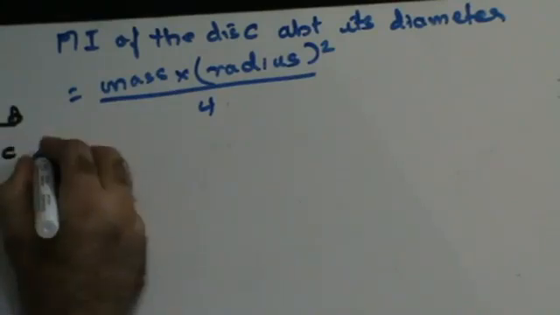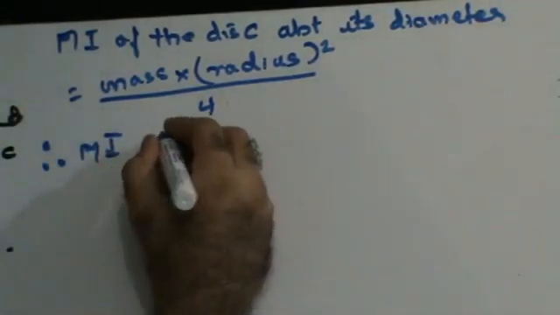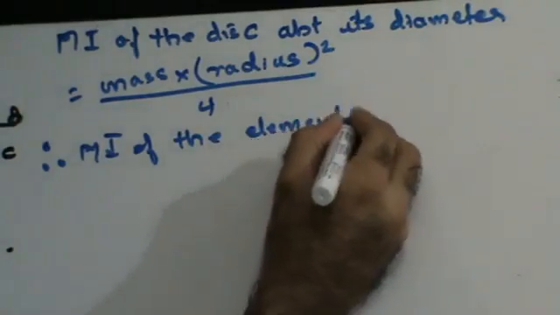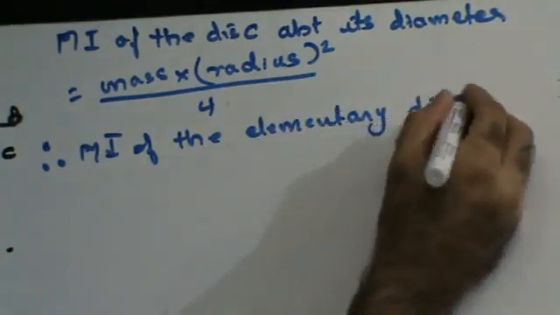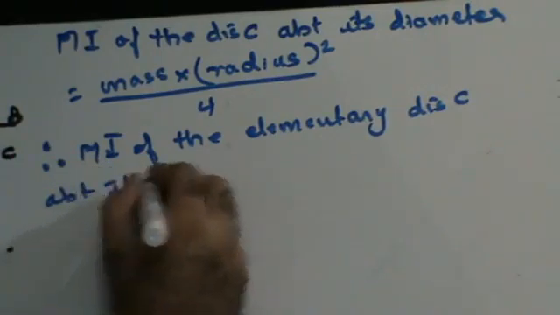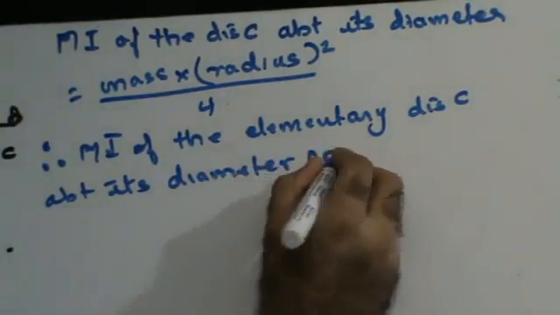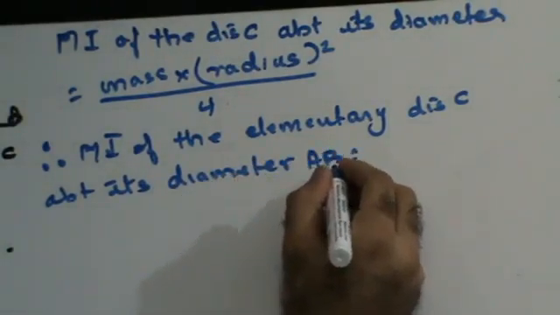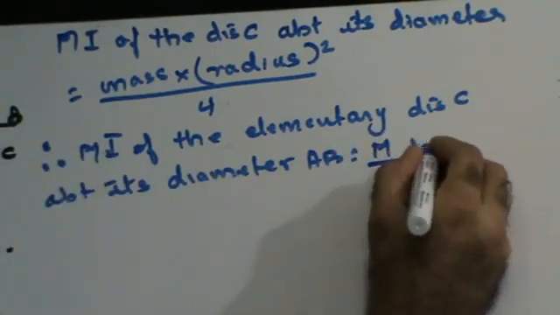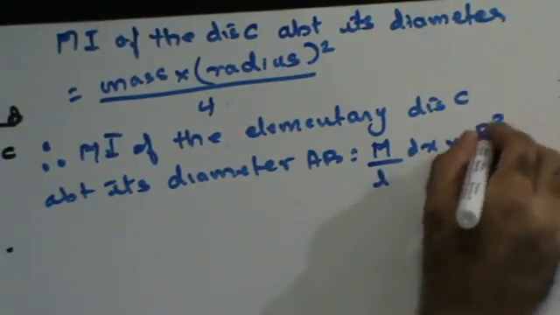We derived this equation that moment of inertia of the disk about the diameter is this. So therefore I can say that moment of inertia of the elementary disk about its diameter AB will be nothing but mass. Now the mass of the elementary disk we found out is m upon L dx, into radius square by 4.